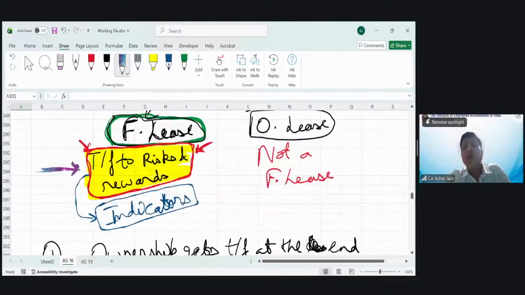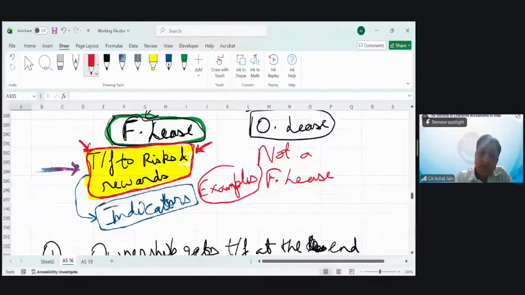To help you on this point, certain examples are given. All those indicators are nothing but examples. Let's suppose I have given you 8 examples and I tell you that these are only examples, there can be various other situations.